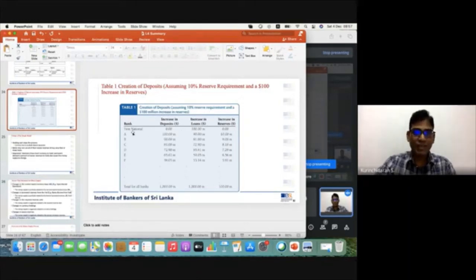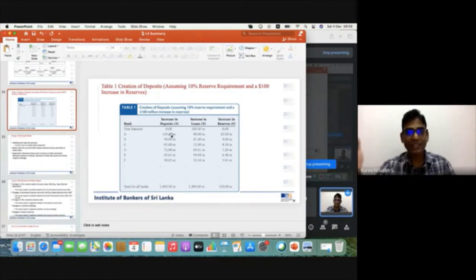So First National Bank gives loans of 100 million, right? That's the first transaction. Then the loan receiver takes the 100 million and uses it for other purchases. Now the check will go to bank A as a deposit. Then they can't give 100 million as a loan because there's a reserve requirement.